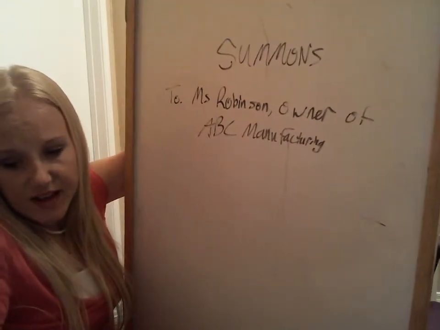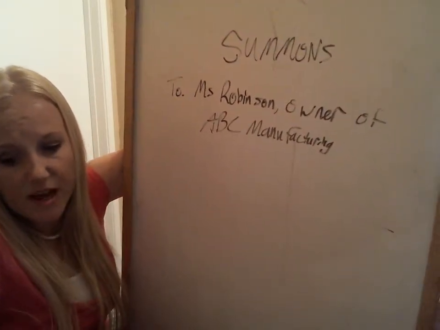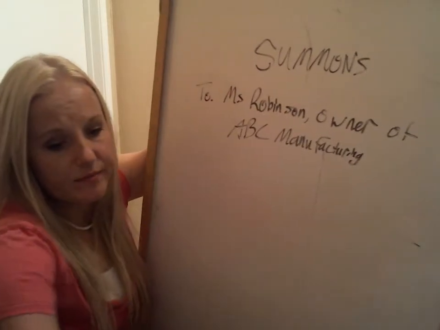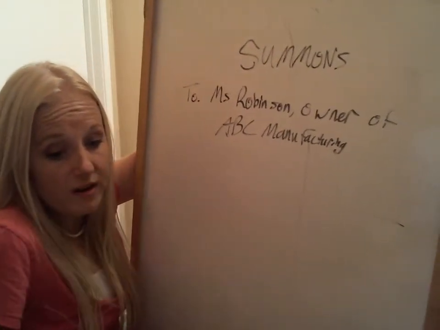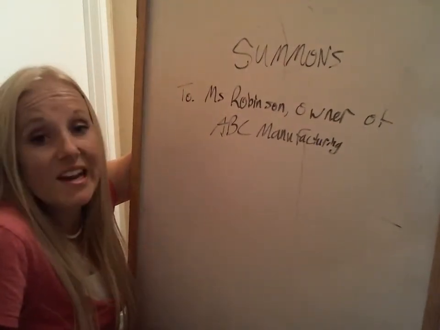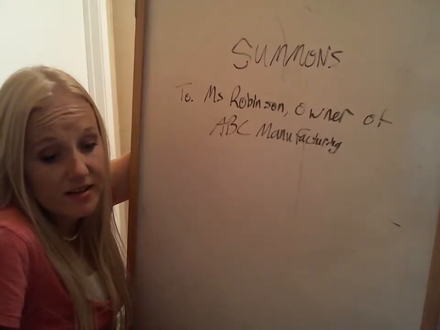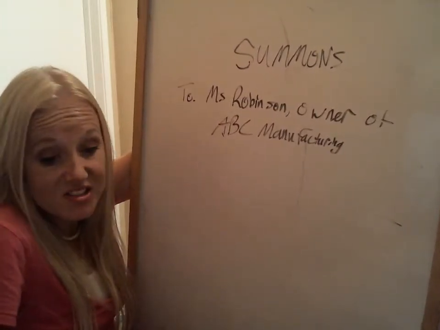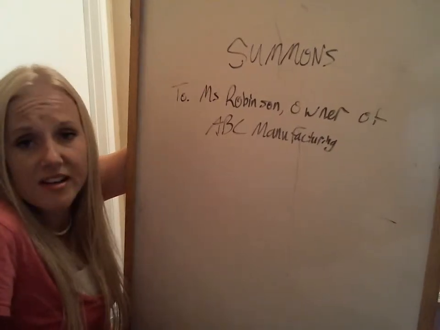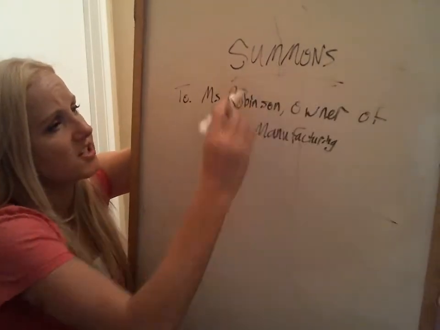And then it's going to say, you are hereby summoned, basically to the court, and say, within 20 days after receiving this summons, you must file an answer to the complaint, and it could be 30 days. It's going to, again, depend on the court jurisdiction.